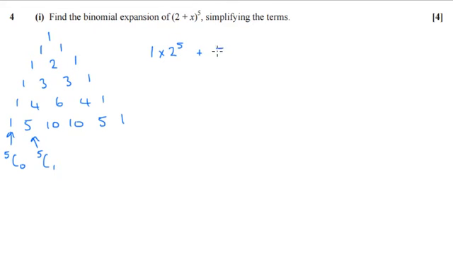We're then going to get 5 lots, using the 5C1 value, of 2 to the power of 4 and also x to the power of 1. Next term is going to be 10 times 2 to the power of 3 times x squared.